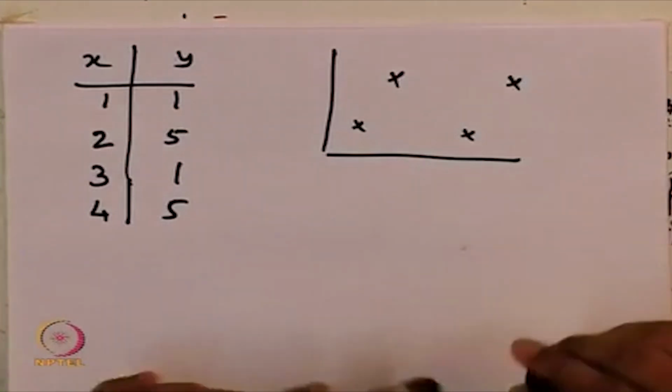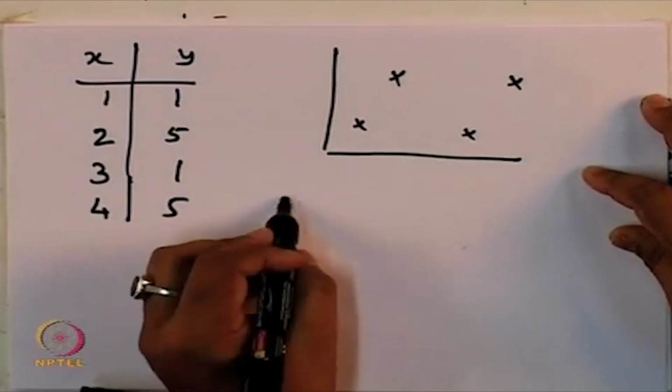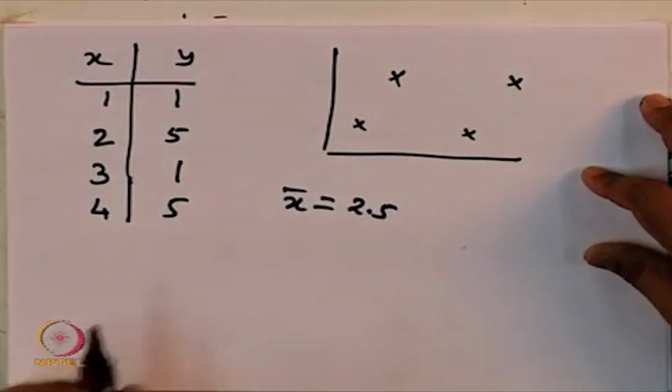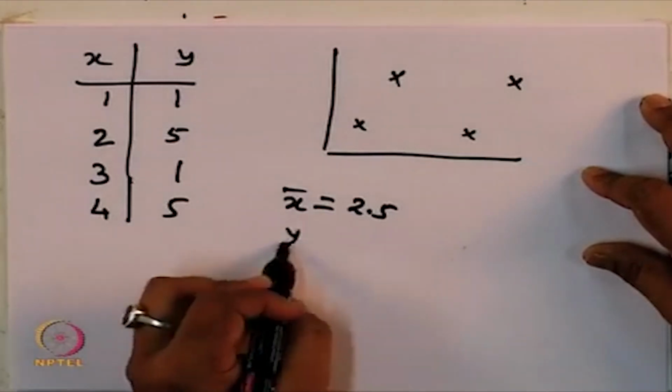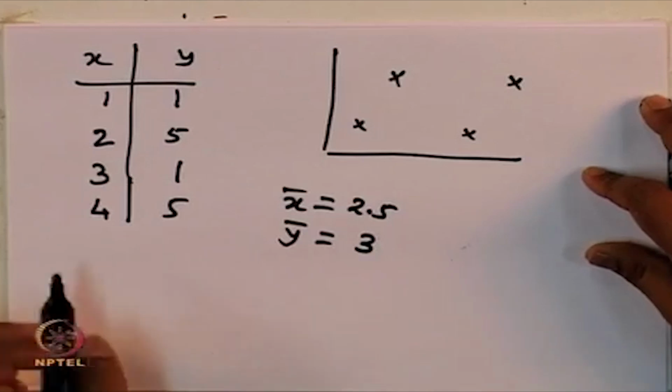Okay. Let us do the following exercise. My x bar is going to be 2.5 as before, and y bar is going to be 3.